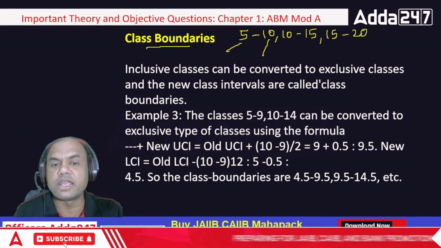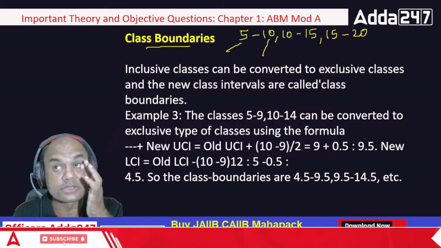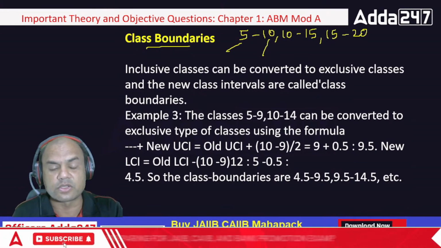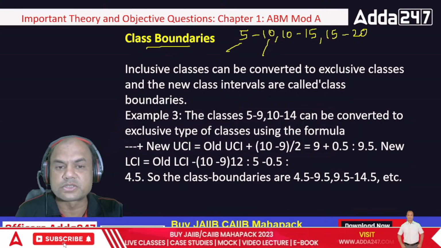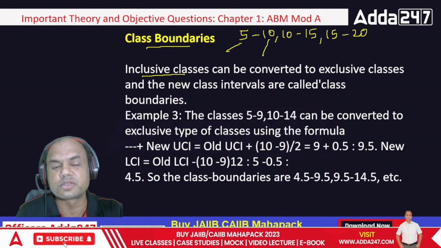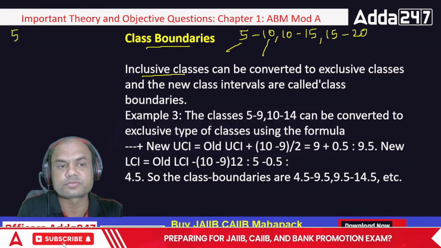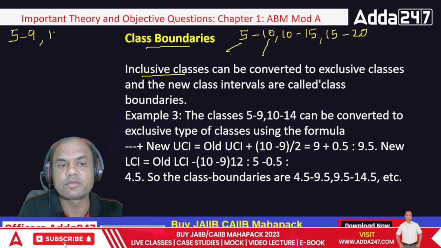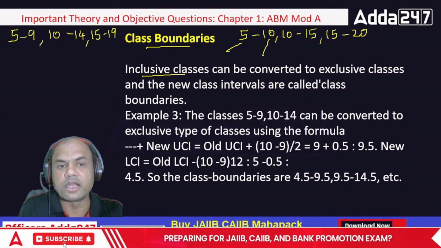What is mentioned: the inclusive classes can be converted to the exclusive classes and the new class interval is called a class boundary. So what is an inclusive class? First you understand that. Inclusive means what? Suppose I write it like this, 5 to 9, then 10 to 14, 15 to 19, and so on.